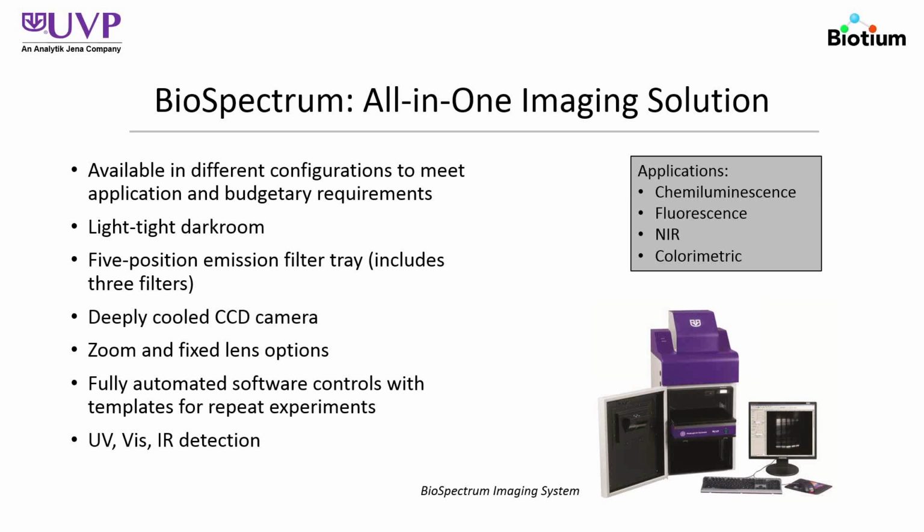We have zoom and fixed lens options. The fixed lenses tend to cover larger CCDs and come in f numbers or apertures down to 0.95, making them ideal for chemiluminescence and fluorescence detection.